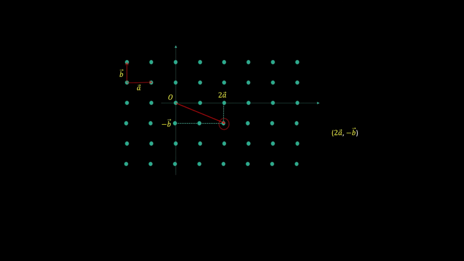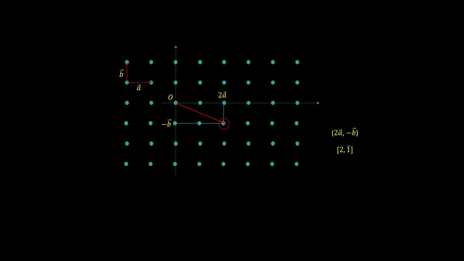For example, this one can be represented by 2a minus 1b. If lattice parameters are used as units of length along the respective axes, then lattice coordinates can simply be represented by the numbers 2 and minus 1.